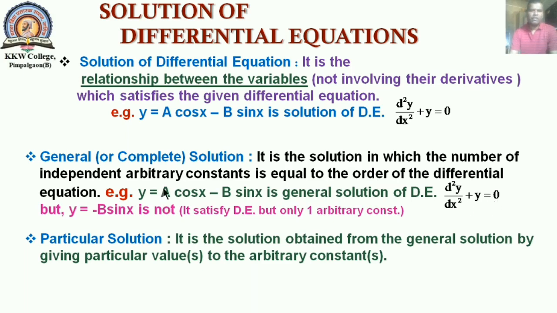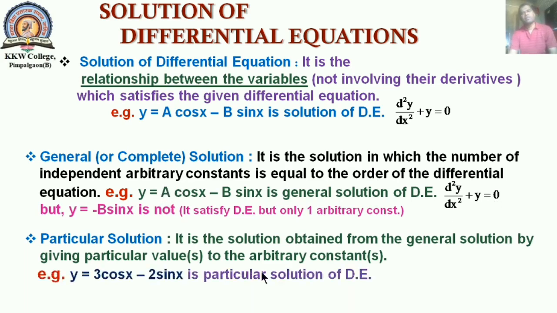Now to find the values of a and b: after finding these values of a and b, we will get the particular solution of the equation. y = 3 cos x − 2 sin x is a particular solution of d²y/dx² + y = 0.